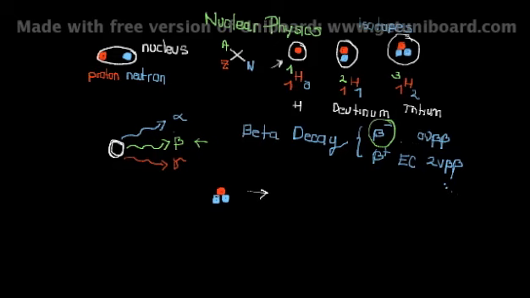Therefore, nature somehow must have one proton and one neutron. But if you see here, nature prefers to change the neutron, but not in this way; it will change into a proton.